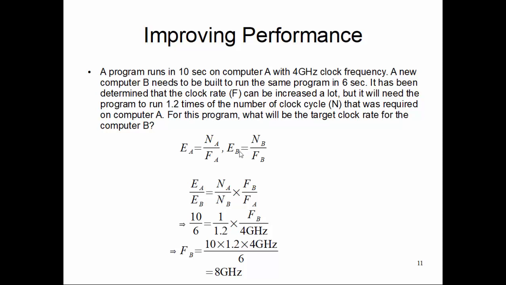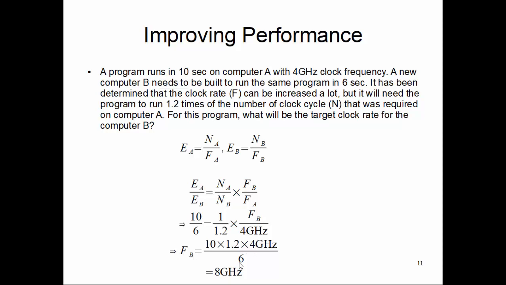System A execution time is 10 seconds, system B time is 6 seconds, and NA by NB is given as 1 by 1.2, and FA we already know is 4 gigahertz. That becomes my equation to solve, and solving that, we see FB is going to be 8 gigahertz.